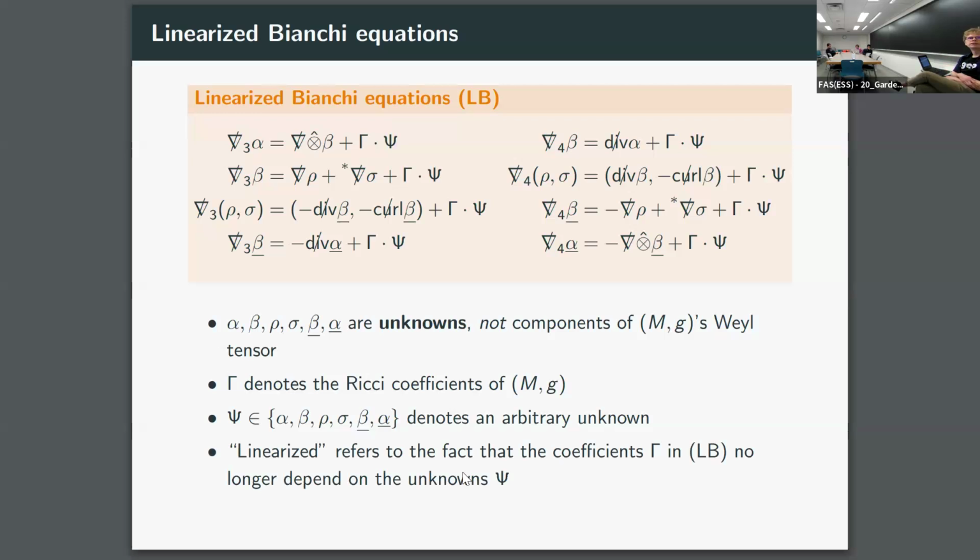The word linearized here refers to the fact that the coefficients in these equations, these gamma, no longer depend on the unknowns. They just depend on the background spacetime, which is fixed. I would stress this point because the genuine Bianchi equations are already linear in the curvature components. So why am I calling these linearized Bianchi equations? It's just the fact that I'm decoupling the unknowns from the geometry of the foliation.